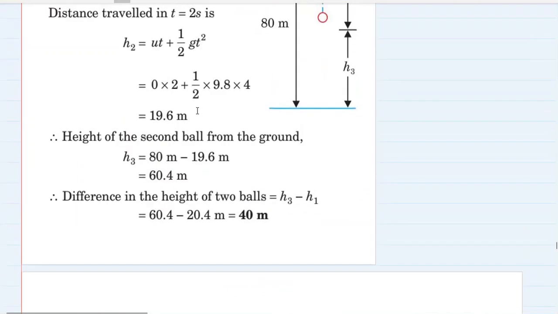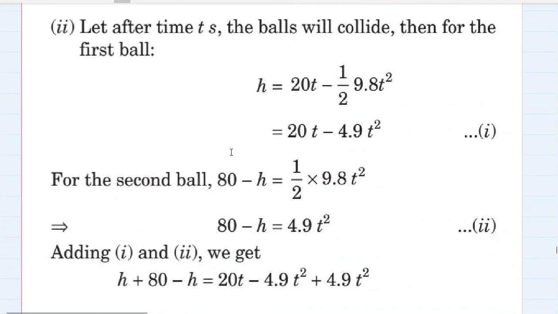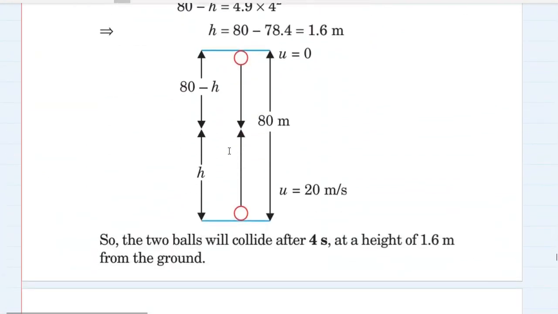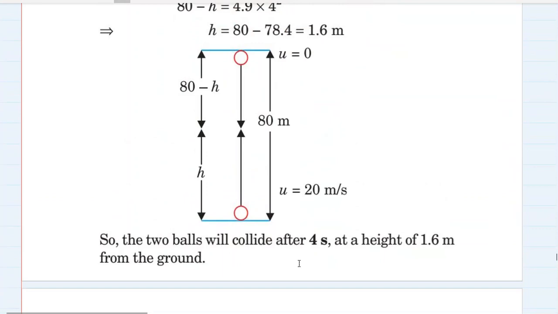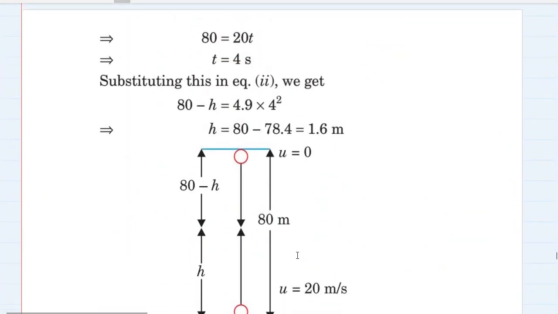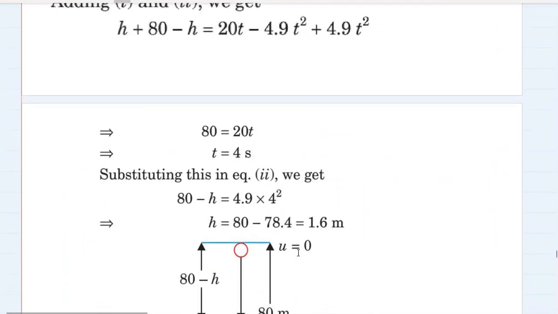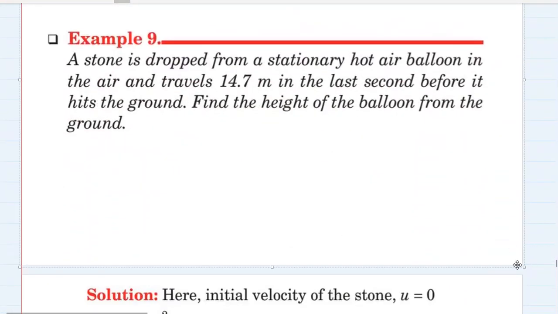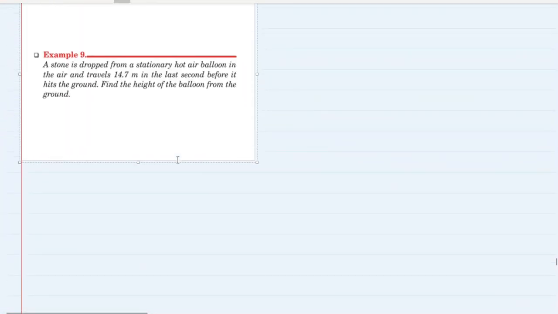See, they are getting 19.6 and all because they are taking g as 9.8, and the time which we are getting is 4 seconds at a height of 1.6 meter from the ground. 4 seconds is correct, but the height we are not getting, and they have used some other method. So I want all of you to figure out what that other method is. I'm not going to show it to you and discuss it with you. Let's go to the next question.